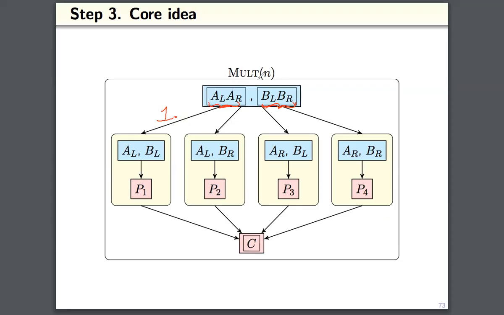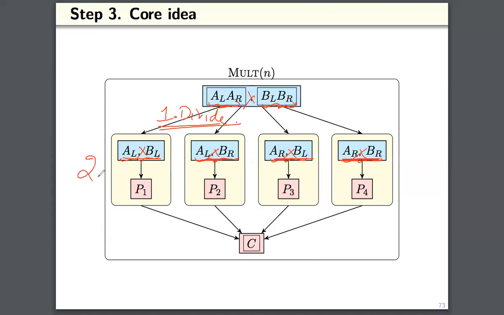We have to split one problem into 4 subproblems: ALBL, ALBR, ARBL, ARBR. These are recursive calls, so we want to multiply them. Splitting A into 2 parts and splitting B into 2 parts, and making sure that you create the input to 4 different function calls, will constitute the divide step.